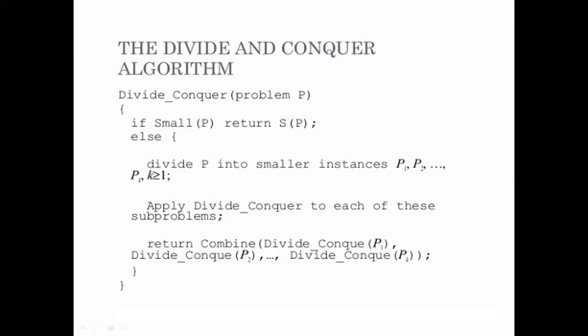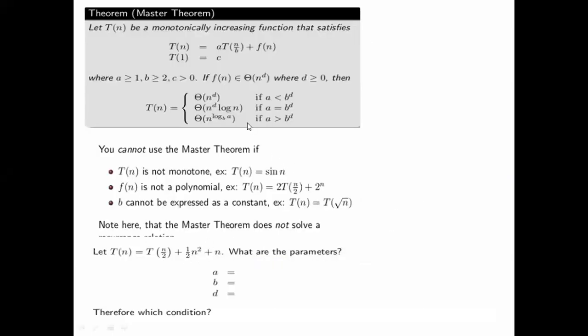For recurrence relations, we are using the method called the master theorem. Yesterday I already told that T(n) is a monotonically increasing function, and T(n) is the recurrence relation.